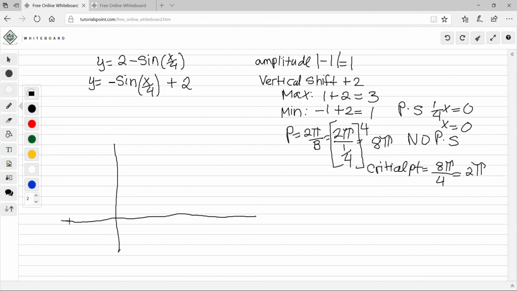So we said that our max is 3, so here's 1, 2, 3, and our min is 1, so here's 1, here's 3. Our period is, where did we say our period? 8 pi.